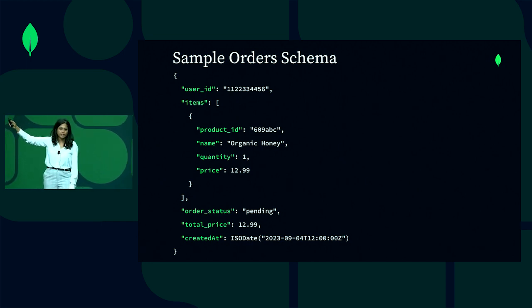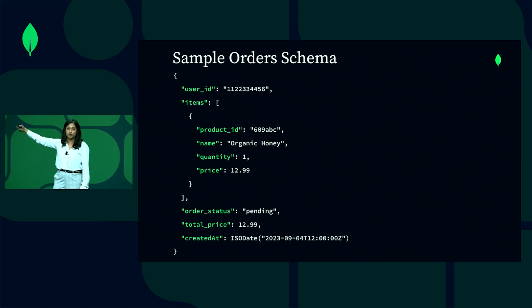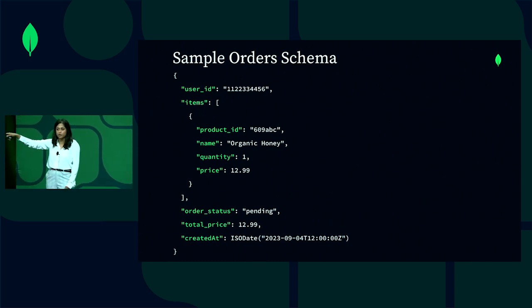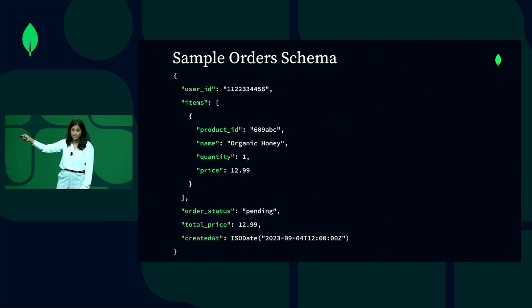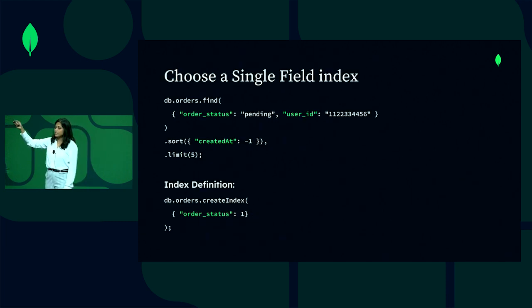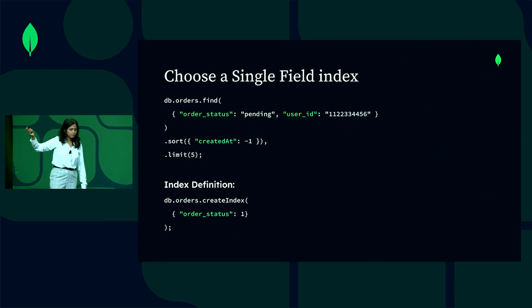Currently, we only have organic honey. And then you can see there's this thing called order status, which is, again, as I said, a potential index. Not sure if it's good or bad. And then there's the total price and created at, meaning when was this document created. So a few of these fields are going to be really good candidates and maybe really bad candidates as an index key. So thinking about this single field index on order status.